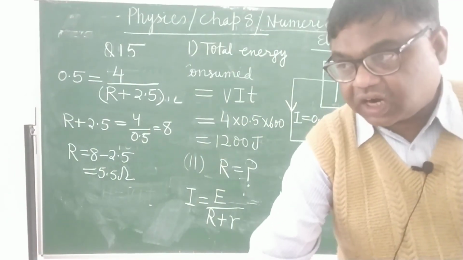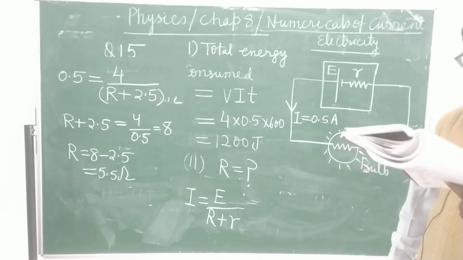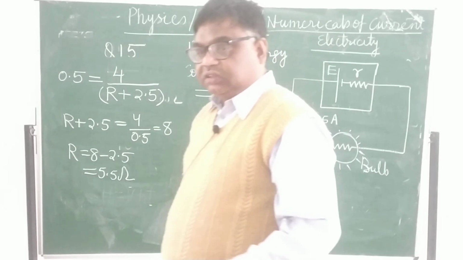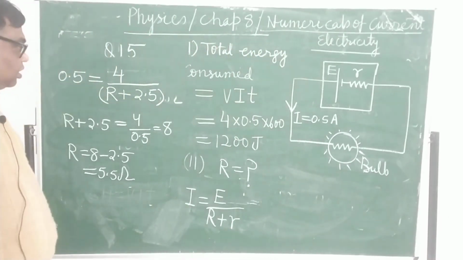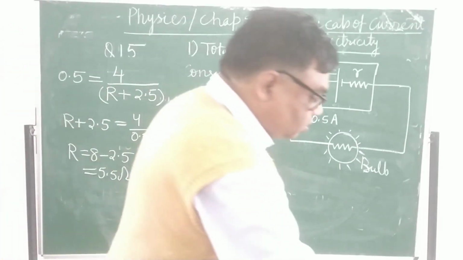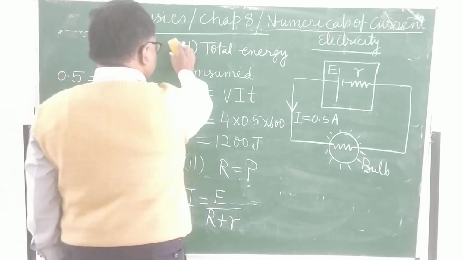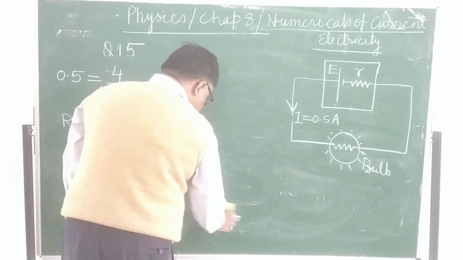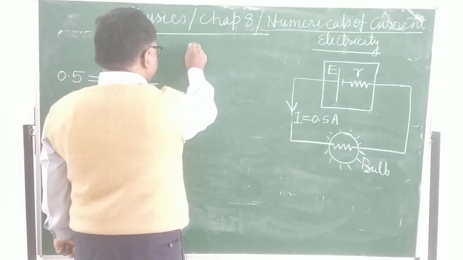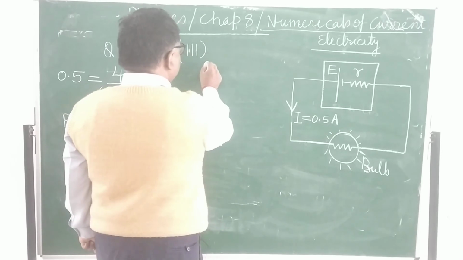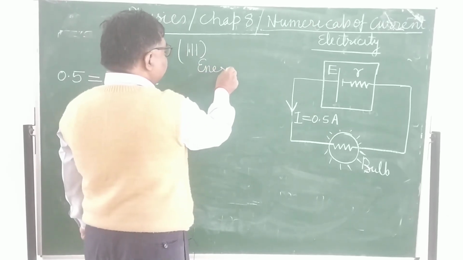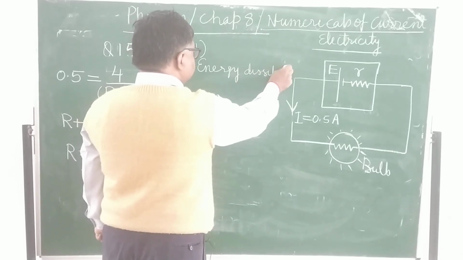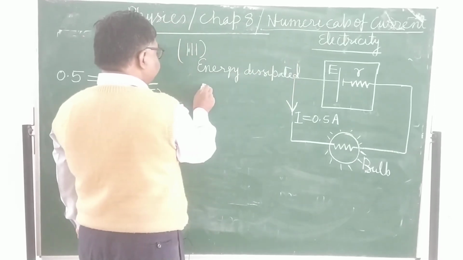And then in the third part, you have to determine the energy dissipated in the bulb in 10 minutes. So see here, third part, energy dissipated in the bulb.